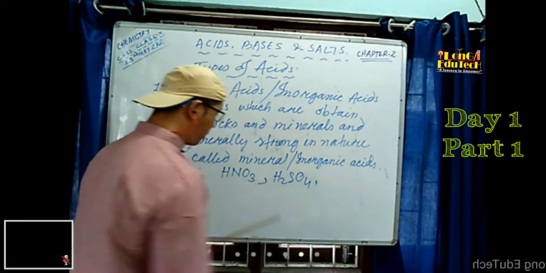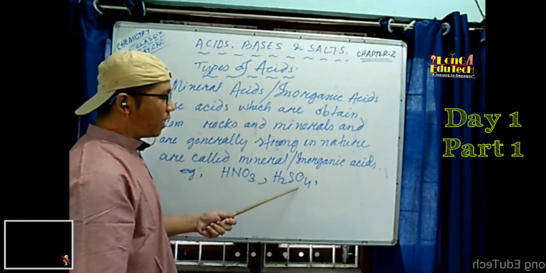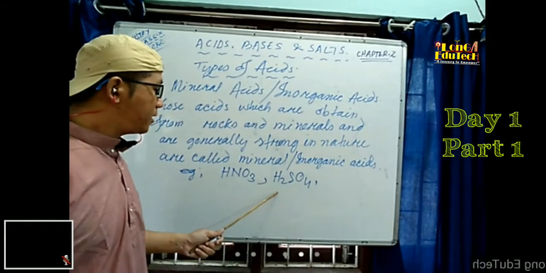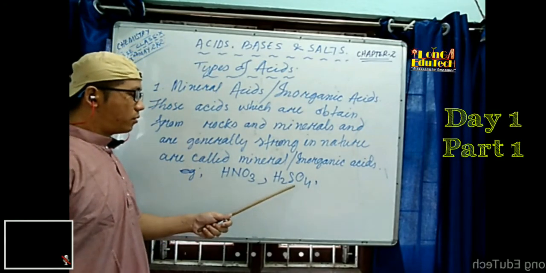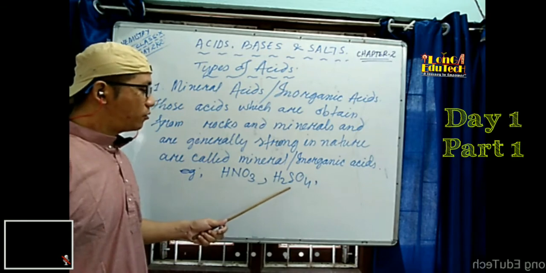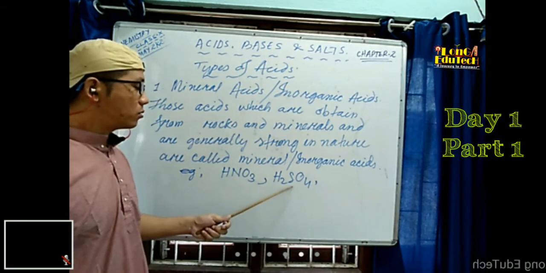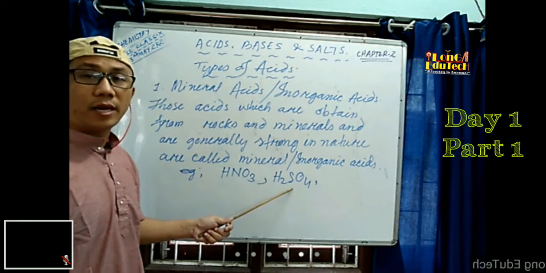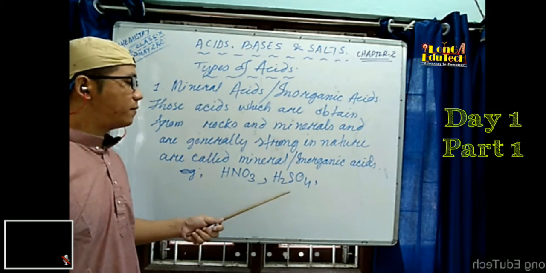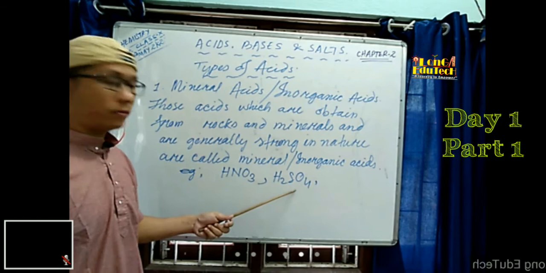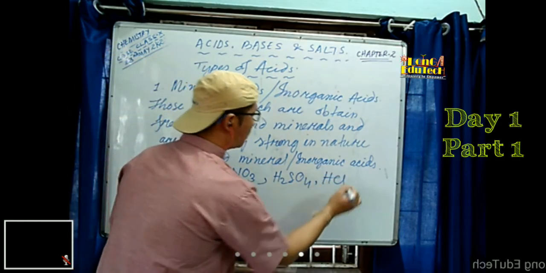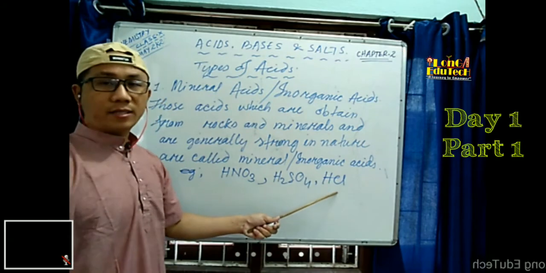It is also called the king of the acid, because its concentration is very high during preparation and it is very dangerous. It will burn our skin and even our clothes. The next is HCl, hydrochloric acid.